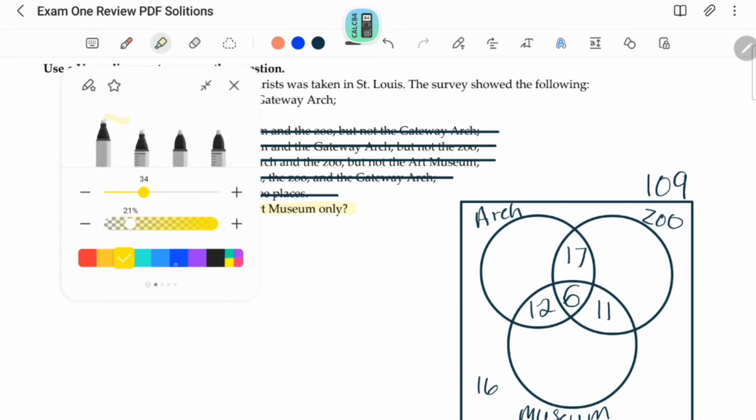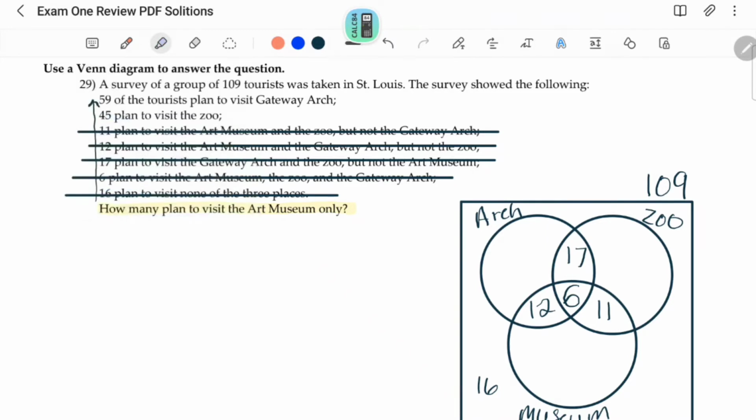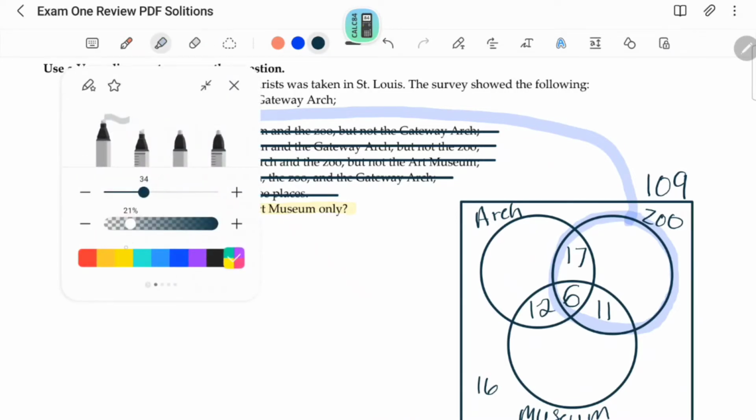Let's put that in blue. 45 plan to visit the zoo. So this means that the entire circle, the entire set for zoo, must add up to 45. Let's put a blue star right there.